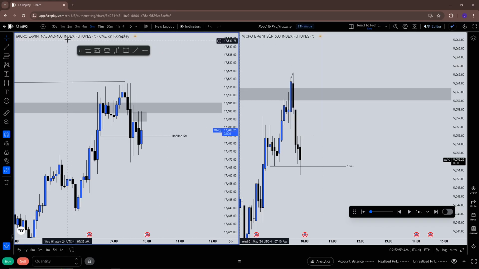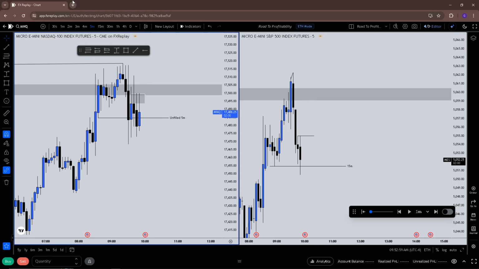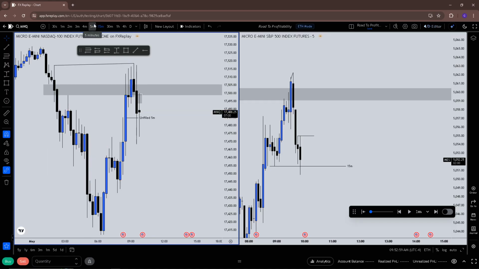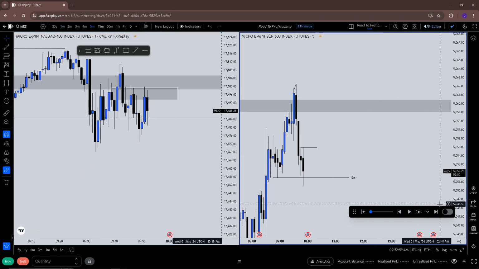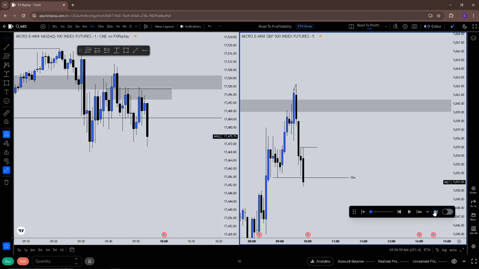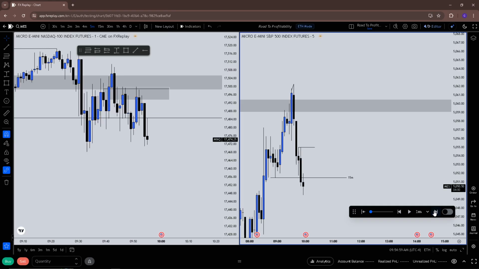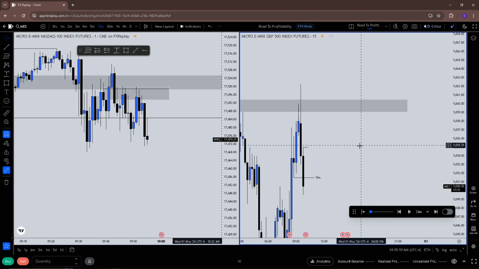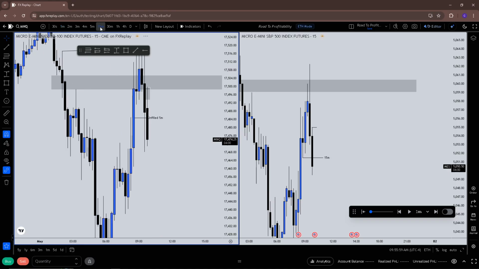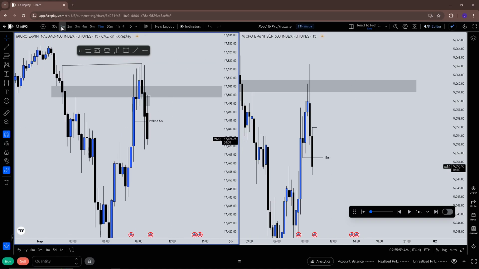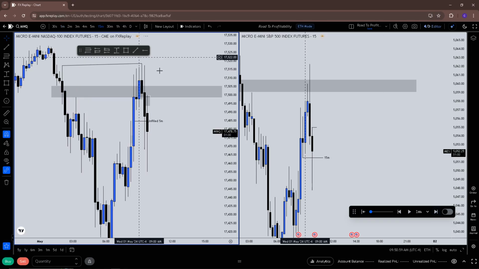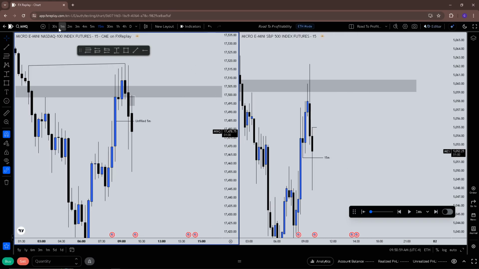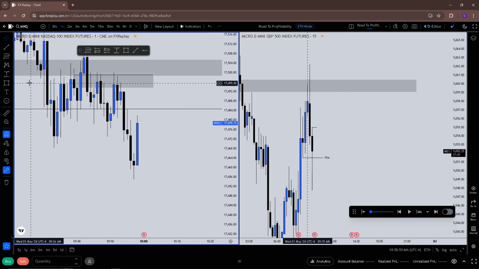Now you get this 5 minute inversion. Still delivering off this 15 minute. Tapped into this 15 minute over here. We inversed. No, we did not inverse this 15 minute yet.